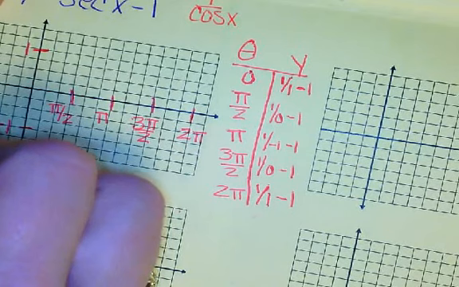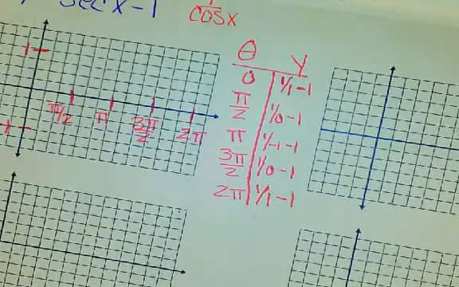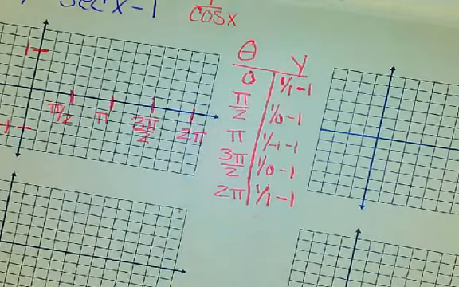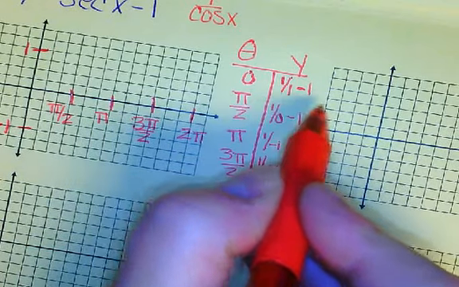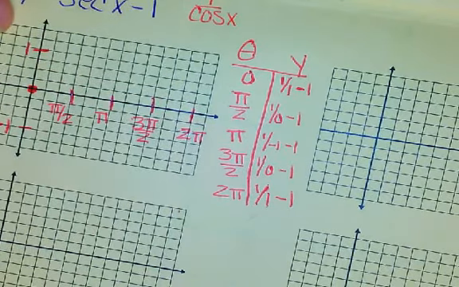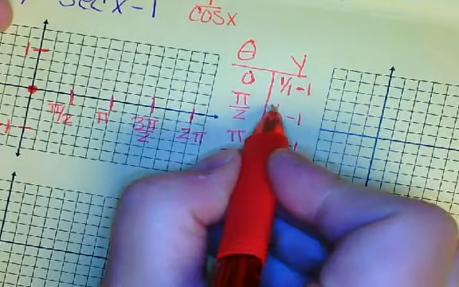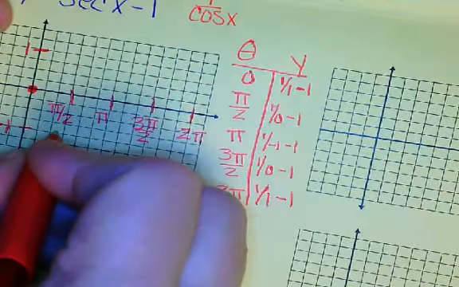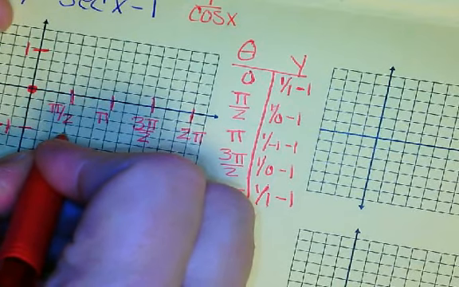This is negative 1. Okay, so all I'm doing now is I'm moving this whole thing down. So that's 1. 1 minus 1 is 0. So I'm going to have a point here. Okay, then this is undefined. Can't do anything here.